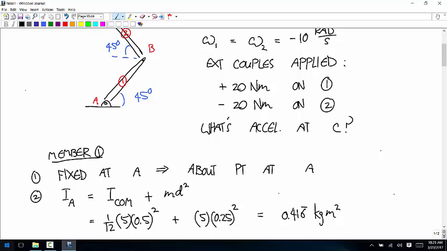So if you think about what b is doing according to member 1, it's just moving in a circular path around A. So we can just use circular motion with this as the center of the circle.